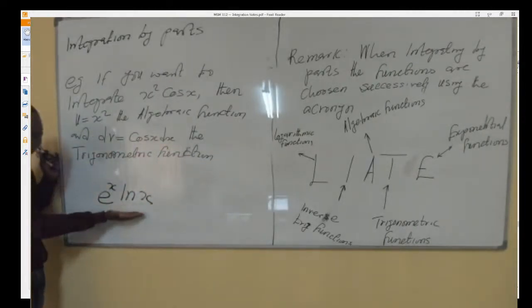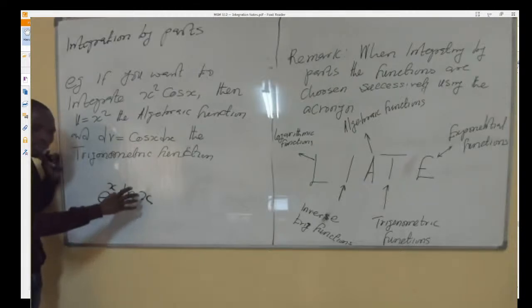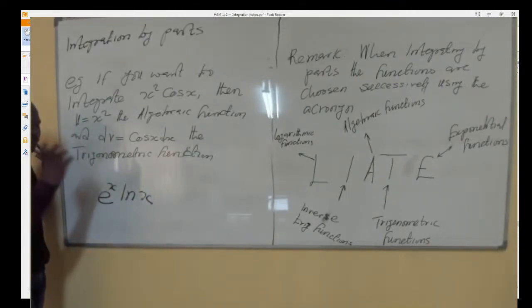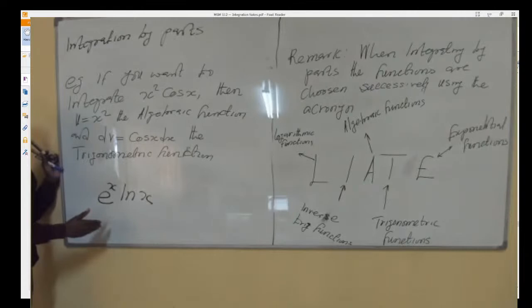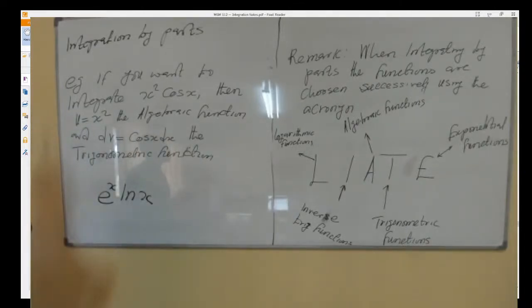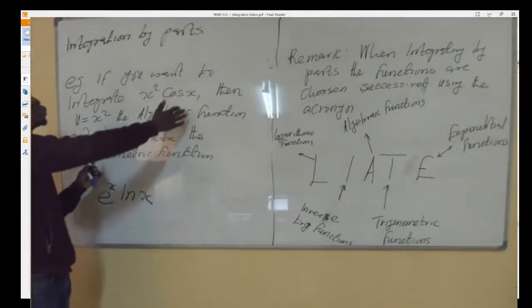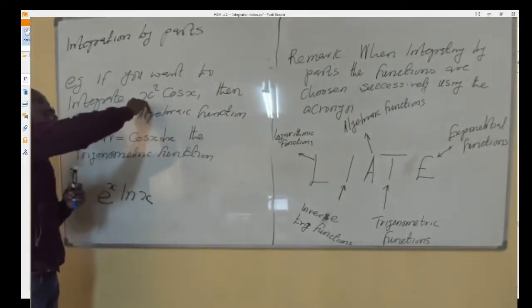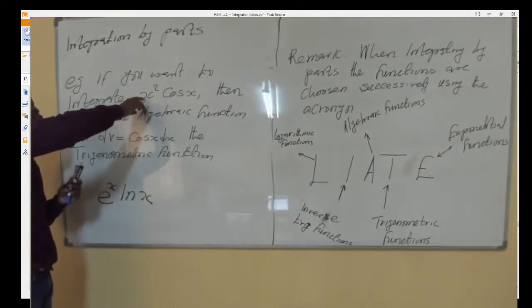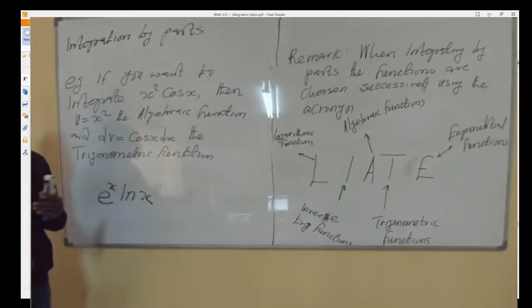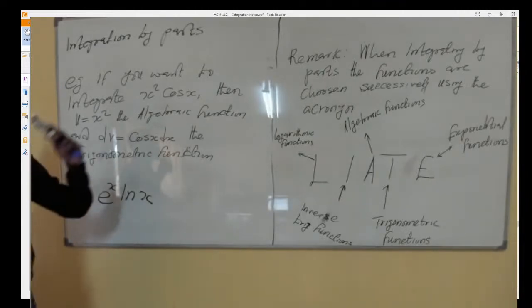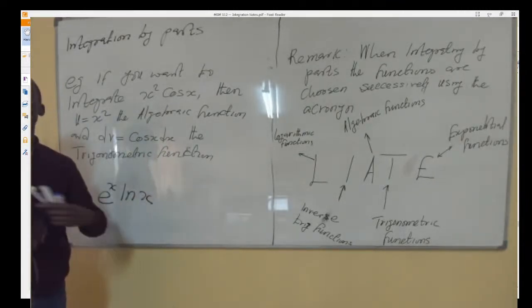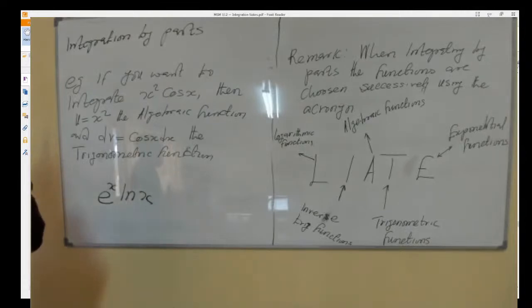So your u will be ln of x, and your dv will be e to the power x. If you decide to switch them, say my u is cos x and my dv is x squared dx, I can assure you, you will continue integrating a hundred billion times and never arrive at your answer.